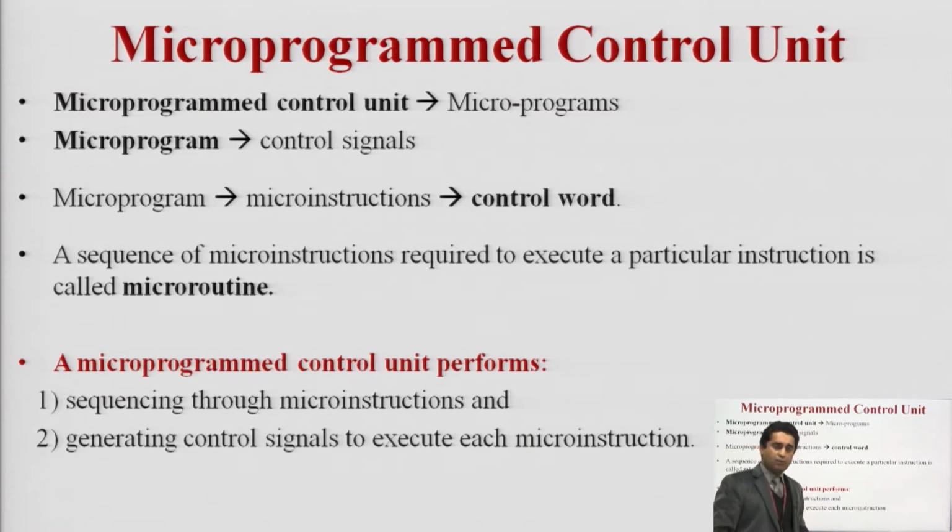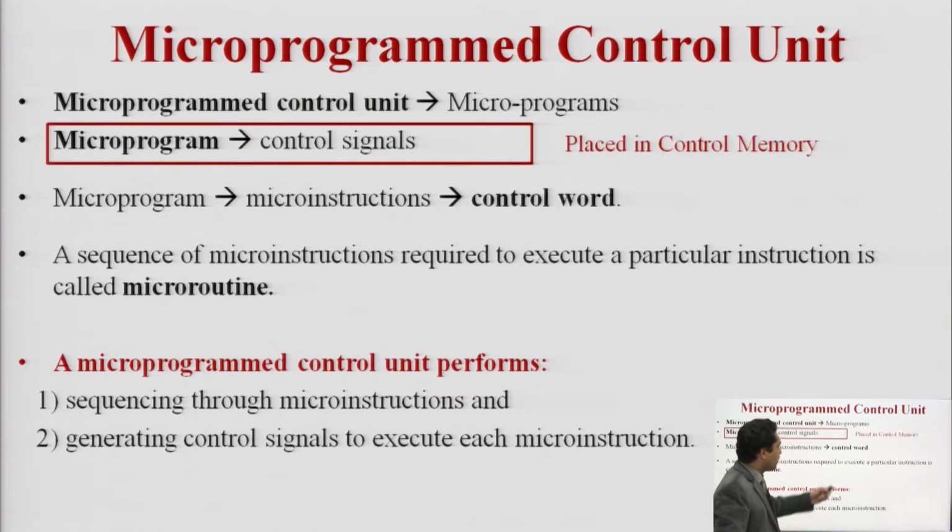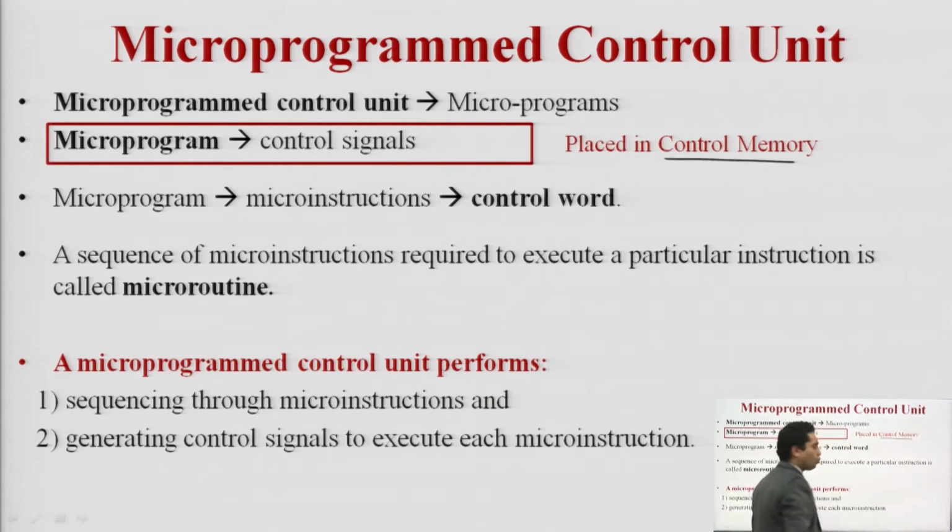The same pattern is followed in the microprogrammed control unit, but the difference is that the instructions are taken by the CPU, and then the CPU refers to another entity, my control memory. This control memory keeps microprograms, and these microprograms carry various micro instructions. Those micro instructions are chosen on behalf of the instruction taken from memory by the CPU.